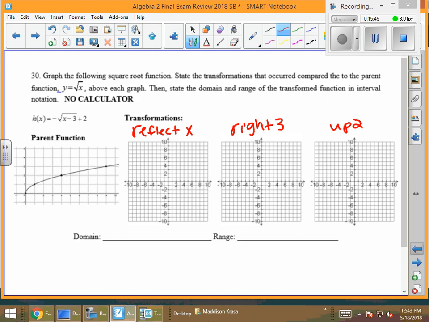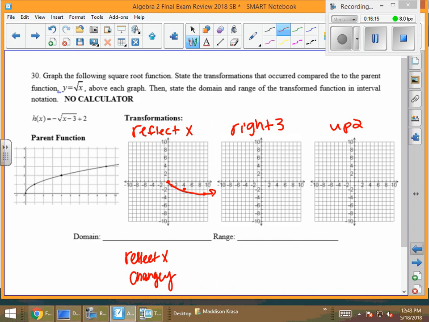So our original is over here on the left. So if we want to reflect x, 0, 0 won't change. 1, 1 becomes 1, -1. So you basically just put a negative sign on the y values to reflect it over x. So kind of one thing that we used to say is reflect x, change y. If that helps you. Reflect x, change y on that one.